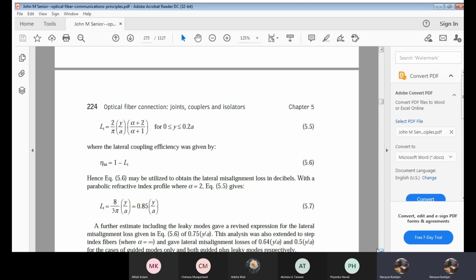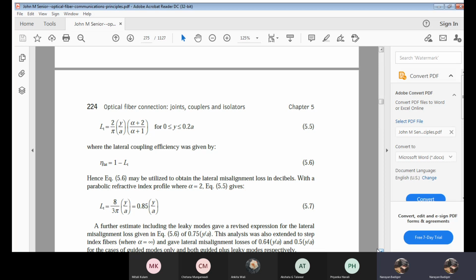The earlier equations hold good for step index fibers. Now the same concept I want to apply for graded index fiber, wherein the distribution of optical power throughout all the guided modes will be uniform.